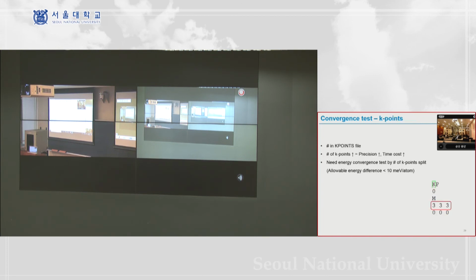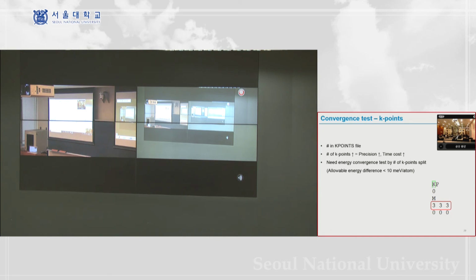And the same thing applies to K points. In principle, we have to sample an infinite number of K points in the first Brillouin zone, but because we can't, we have to sample some K points to represent the entire Brillouin zone.